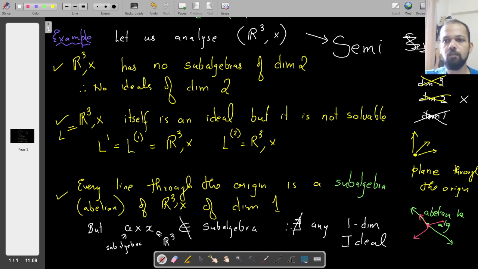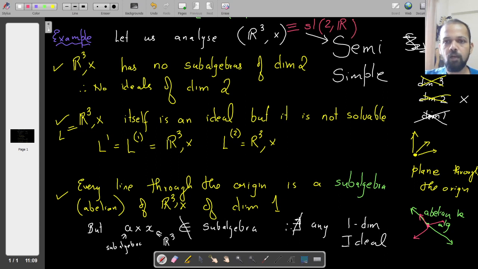Oh, I can't write here because my picture must be there. So semi-simple. Okay, so this is a discussion which also gives you a lot of insight into this R3 with cross product. By the way, this is isomorphic, I had given you an exercise, I hope you all have done it, to SL2R.